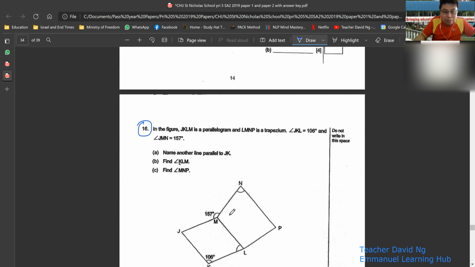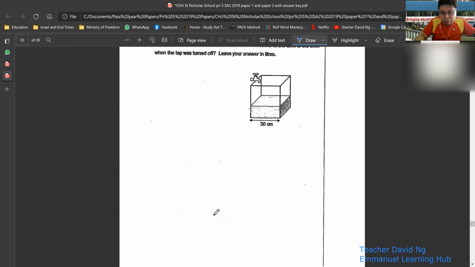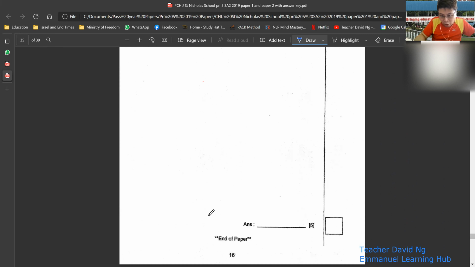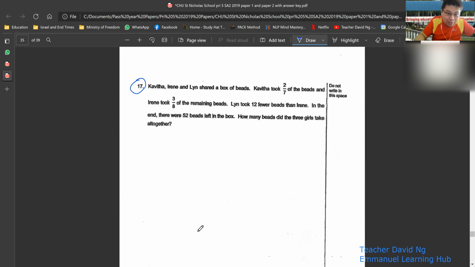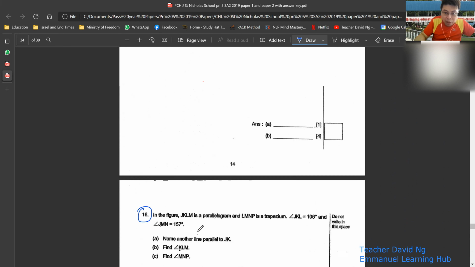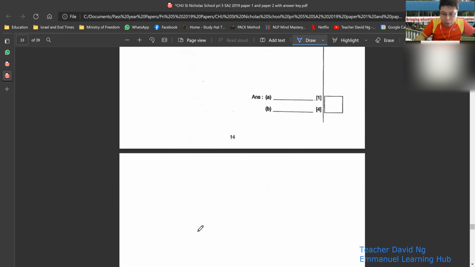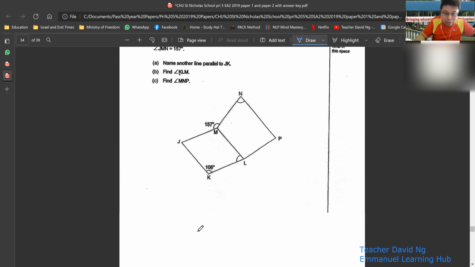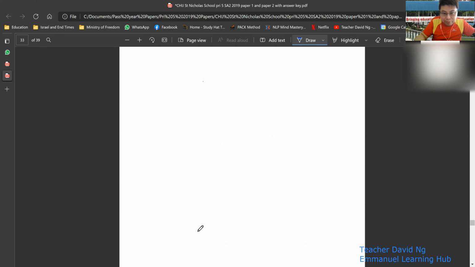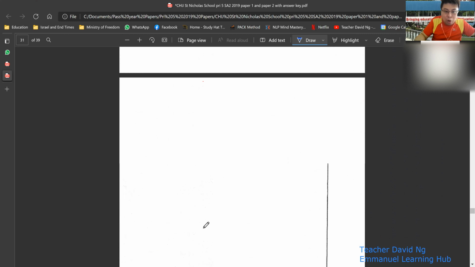Then if these are altogether 15 marks, and you manage to salvage 10 marks, that would help you a lot also. Because I believe the mistakes you make in these 3 questions, some of it is careless, as I look at your working. So these are just some exam techniques you can take note of.